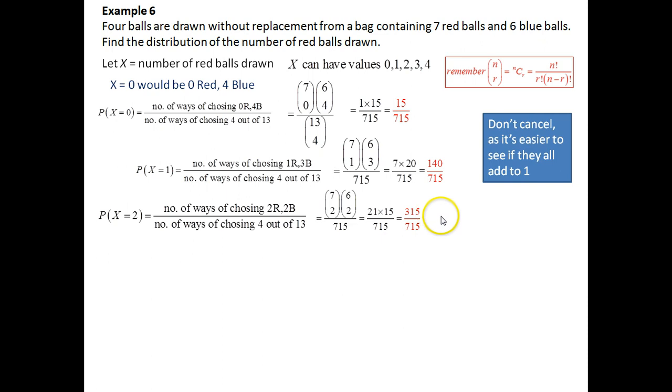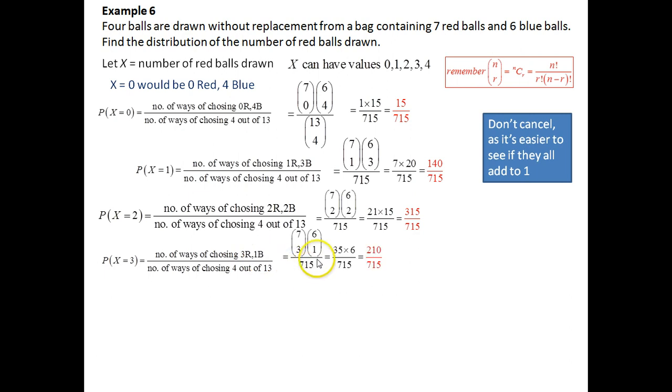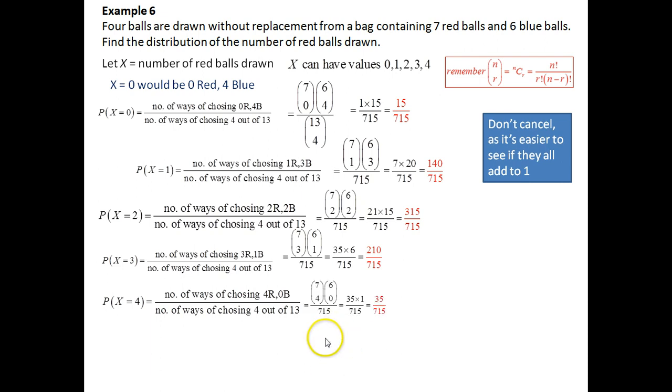giving us 315. X is equal to 3, so we've got 3 reds, 1 blue, 7 choose 3, 6 choose 1, gives us 210. And 4, so 4 reds and no blues, we have to work them all out, and we get 7 choose 4, 6 choose 0, giving us 35 out of 715.